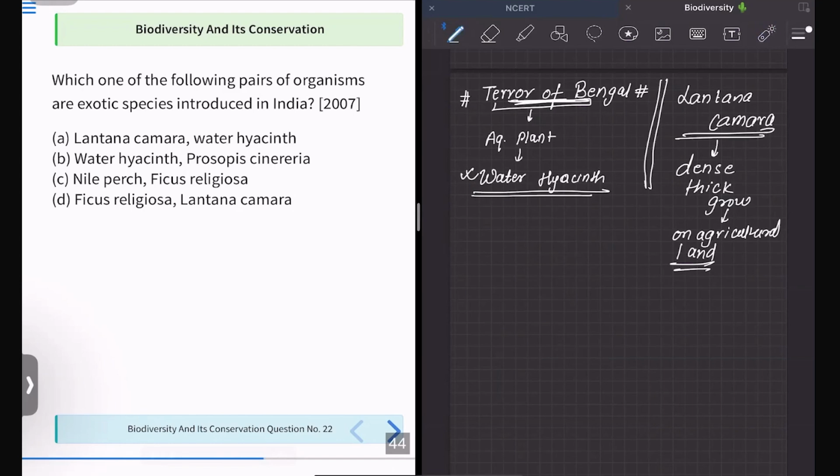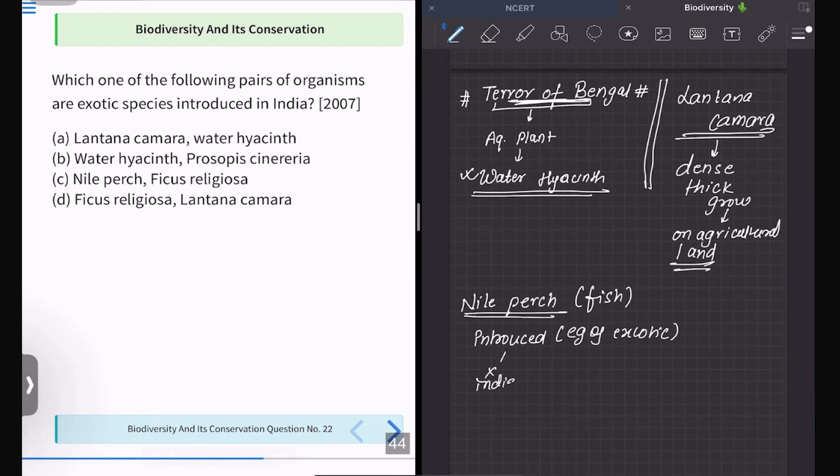So in the other options, they have given a term, Nile perch. Actually, Nile perch is a fish that was introduced. This is also an example of an exotic fish that was introduced not in India but in Africa.